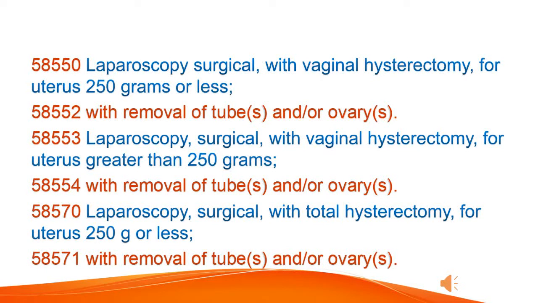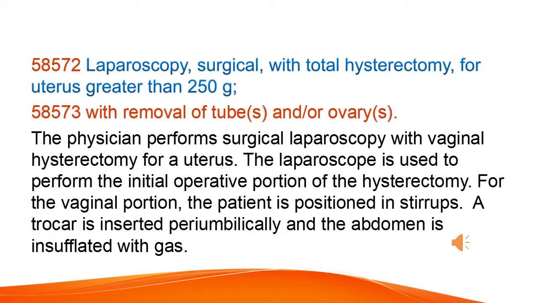Laparoscopy, surgical, with total hysterectomy, for uterus 250 grams or less, with removal of tube(s) and/or ovary(s). Laparoscopy, surgical, with total hysterectomy, for uterus greater than 250 grams, with removal of tube(s) and/or ovary(s).